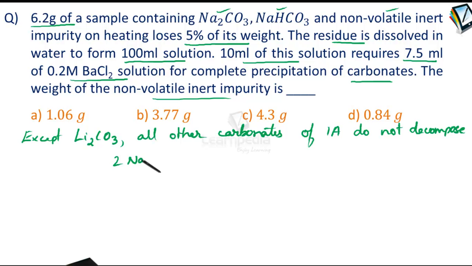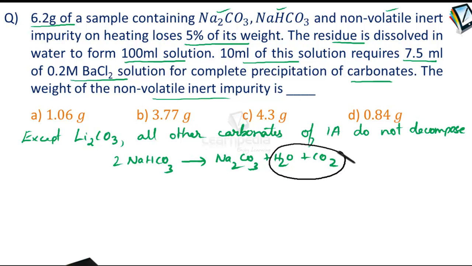So according to the equation, sodium bicarbonate on decomposition gives sodium carbonate, water and carbon dioxide. And in this case, the loss in mass is because of this water vapor as well as the carbon dioxide escaping out of the vessel. So the loss in mass is only because of these two, and this is the leftover residue.